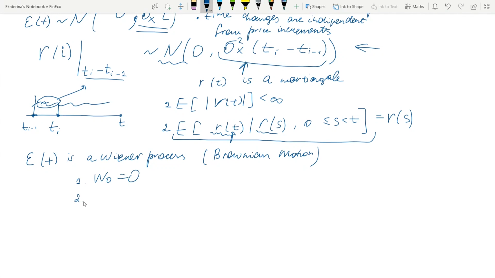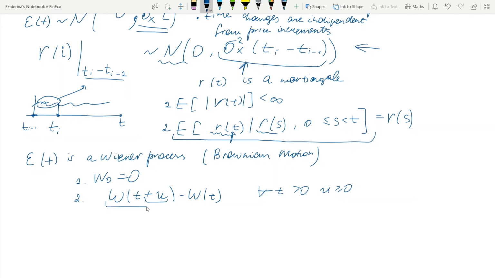Then you look at the increments over time, to see how your Wiener process W changed from t to t plus u, where u is your time increment. So you see how the Wiener process changed over some small period of time.